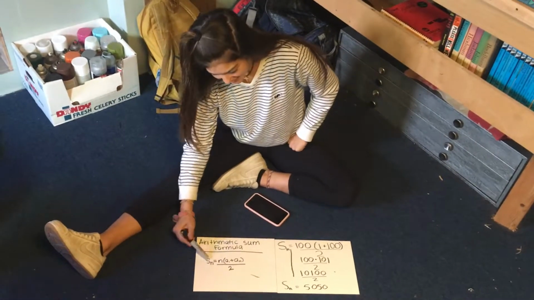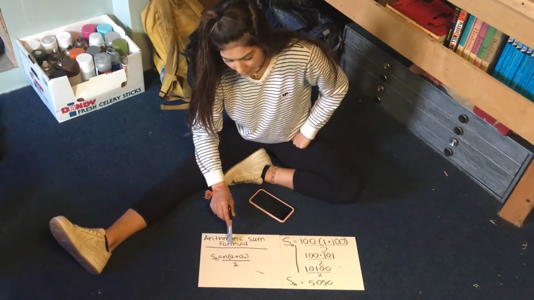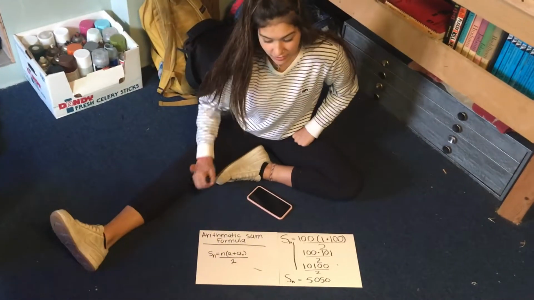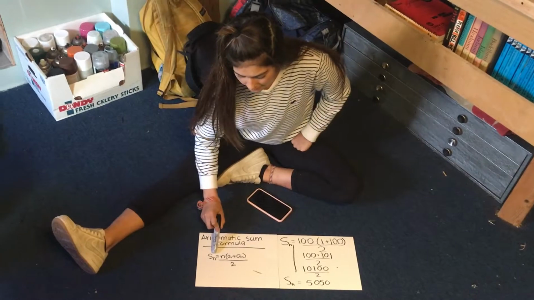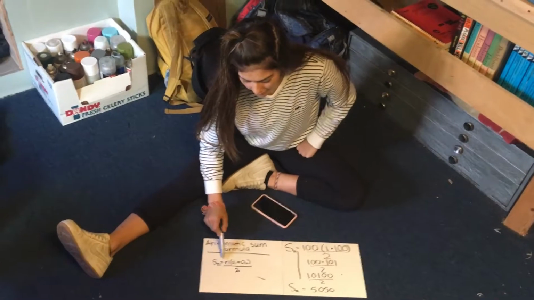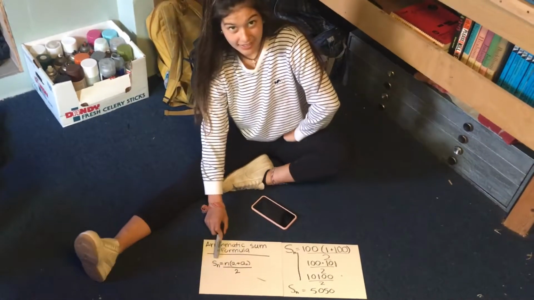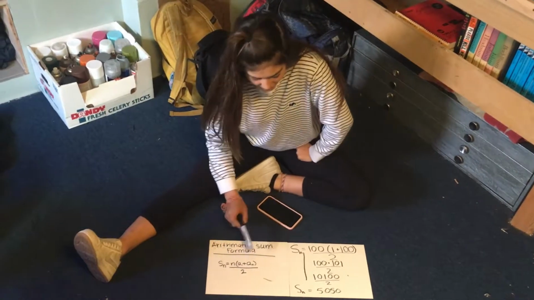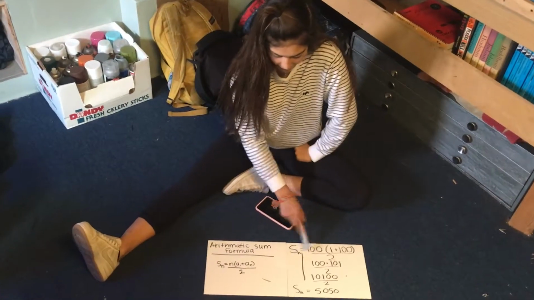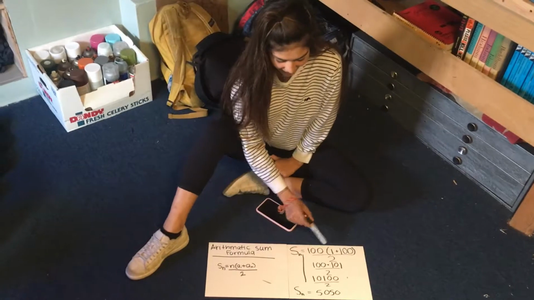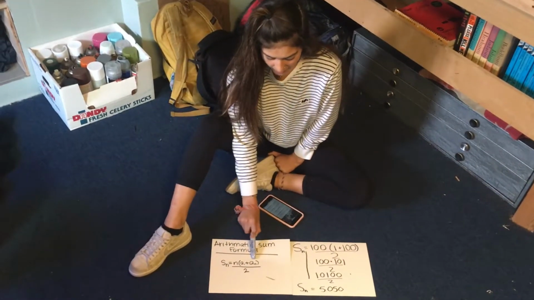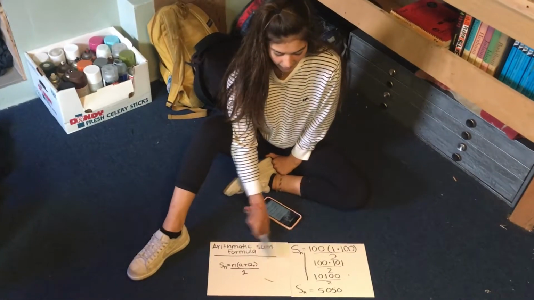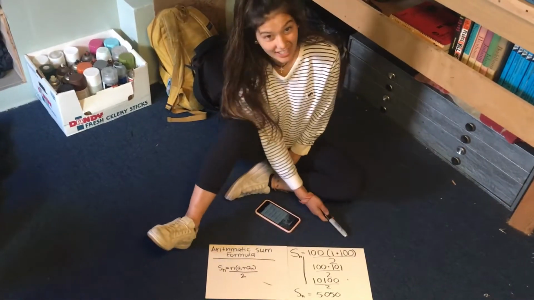Okay, so this is the arithmetic sum formula, which is used to find the sum of a sequence of numbers. So S of n is the number that we're trying to find. So you would plug that in right here for n, and then a of 1 is the first number of the sequence, plus a sub n, which is 100 because we're trying to find 100.